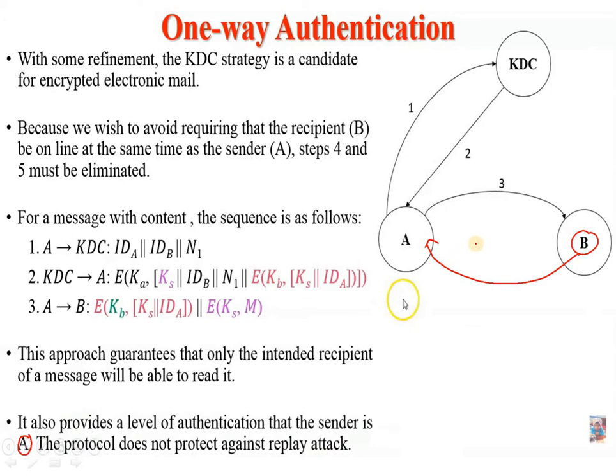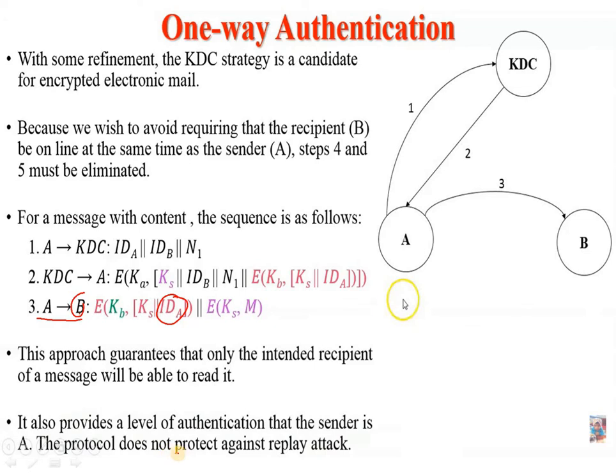From here you can see in the 3rd step, B will come to know who the sender is by checking its identification, IDA. Then he comes to know who the sender is.